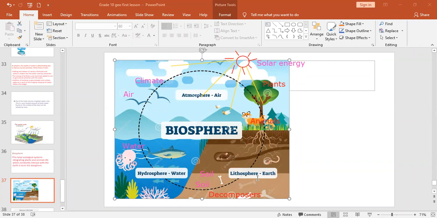Now you know about the lithosphere, which layers belong to it. Now you know about them.